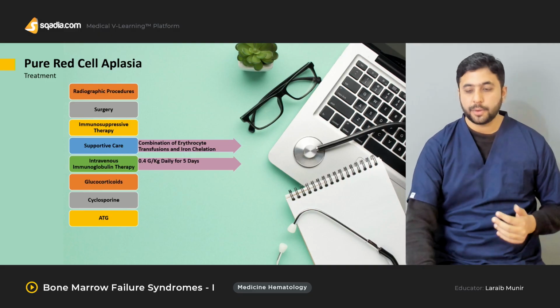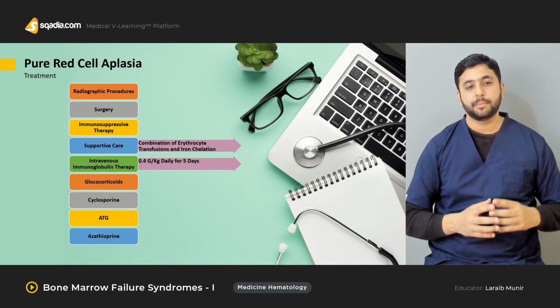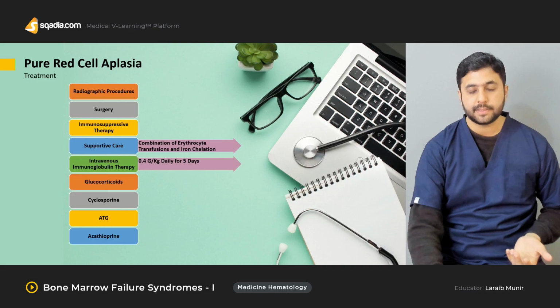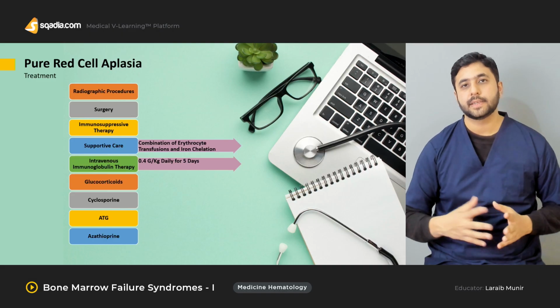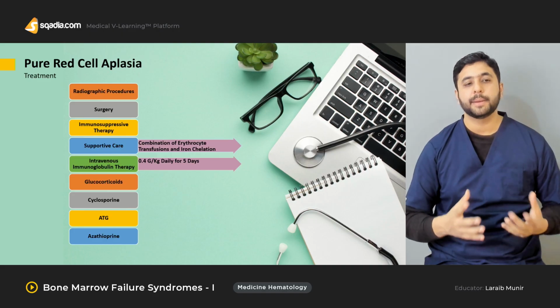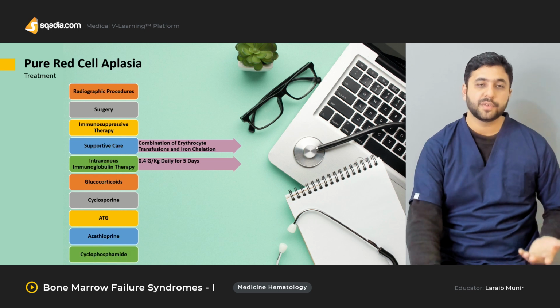So the treatment options are basically the same as for aplastic anemia. And pure red cell aplasia can be thought of as a spectrum of disease. It can lead to aplastic anemia as well, and it can be a mild representation of aplastic anemia. Azathioprine is another drug, along with cyclophosphamide.